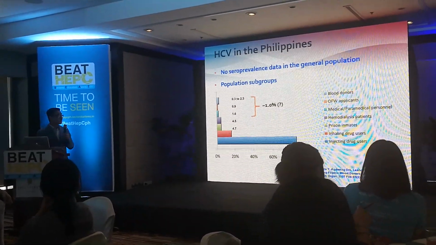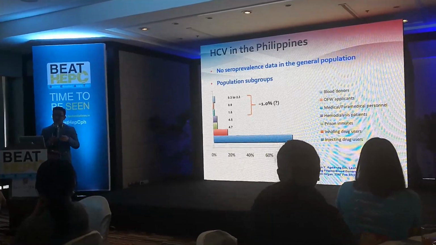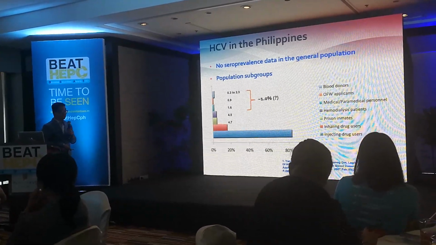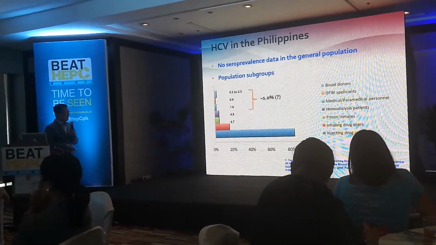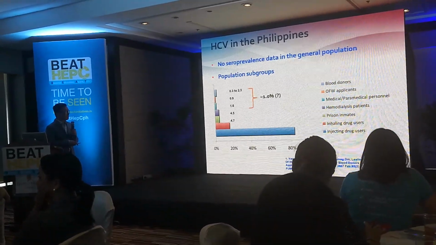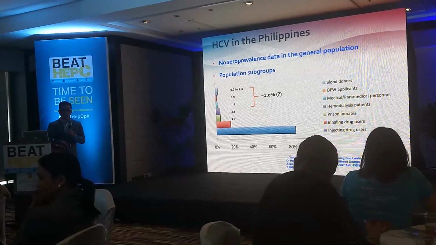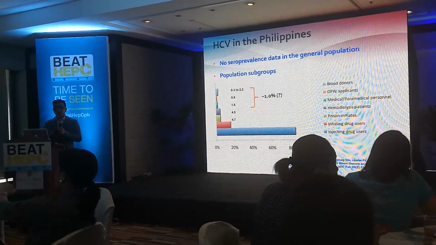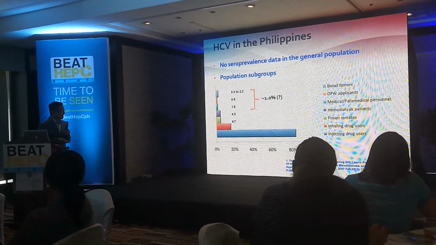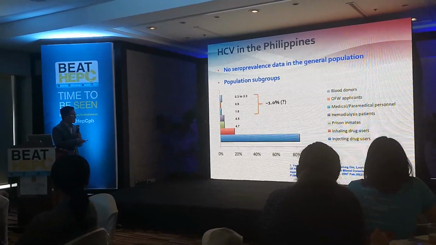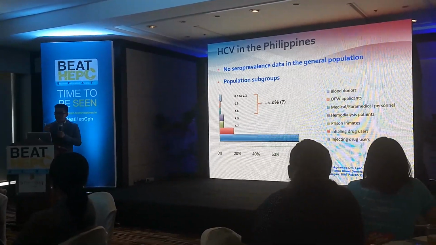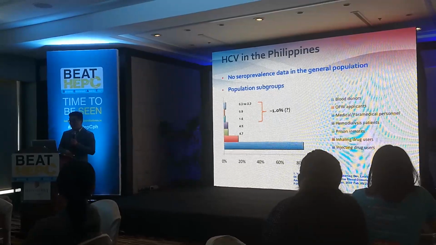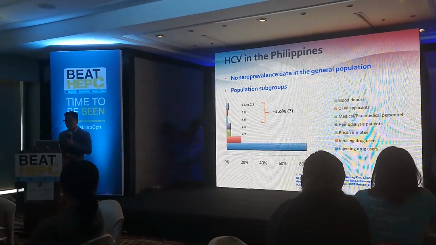Unfortunately, we don't have national seroprevalence data for the Philippines, but we can extrapolate from a study in which they screened for the hepatitis C virus among blood donors, OFW applicants, and medical and paramedical personnel, which we can say are the groups of individuals with the least likelihood of having hepatitis C. If you get an average of the prevalence rate of positivity to the antibody for hepatitis C, we can say that at least 1% of the general population is infected with the hepatitis C virus.